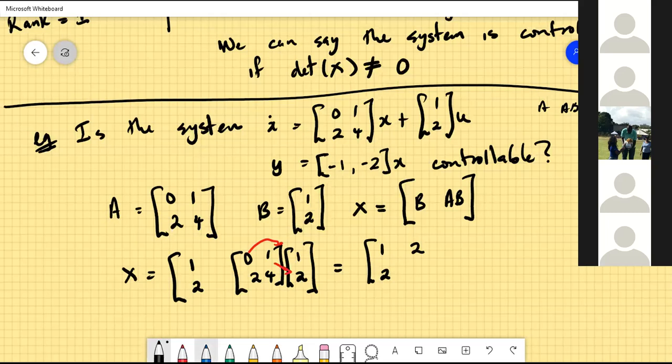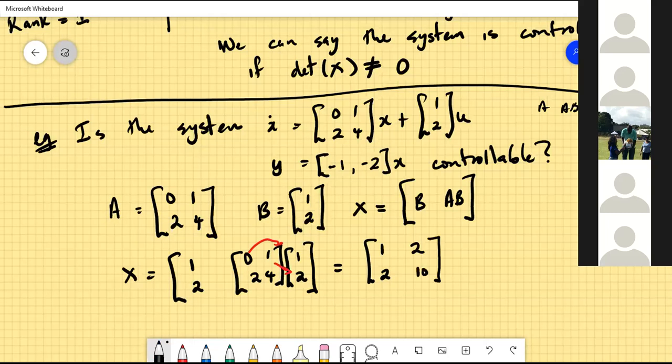And then 2 times 1 plus 4 times 2, which is 10.